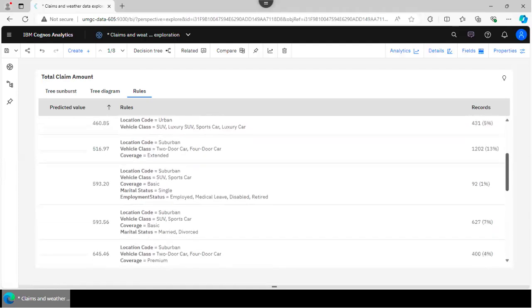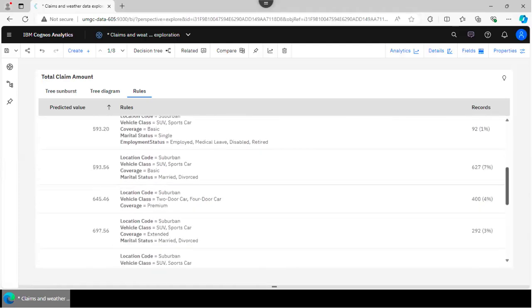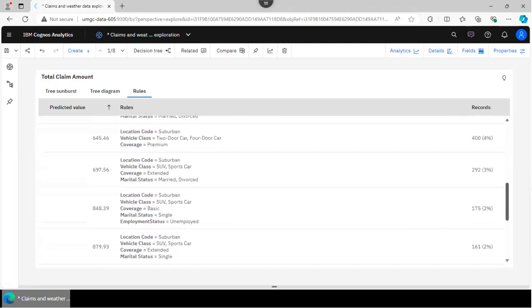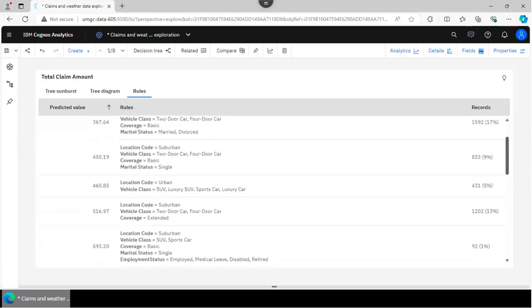But this is how the rules are written in English language, right? So, for example, see this here, location code is suburban, vehicle class, coverage basic, marital status single. So my estimated total claim amount is $450. That's how you read those rules.